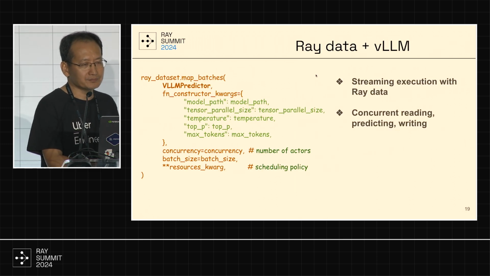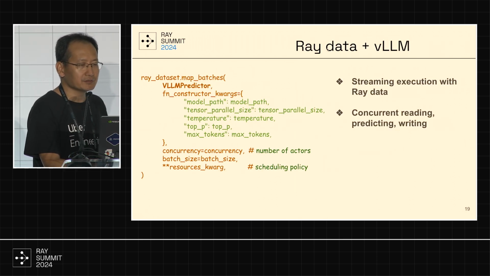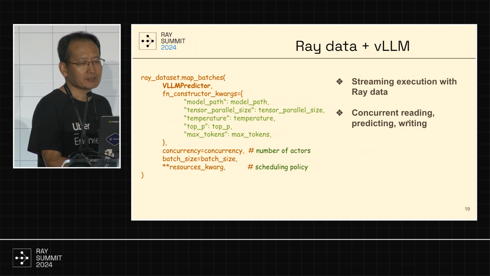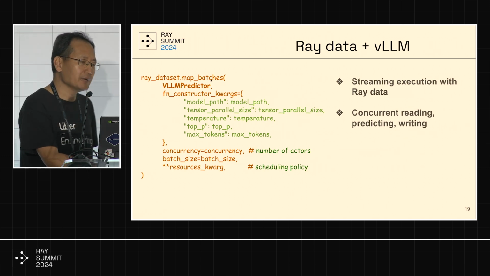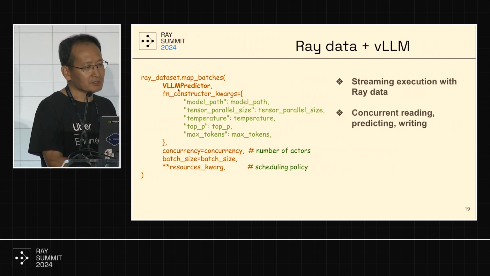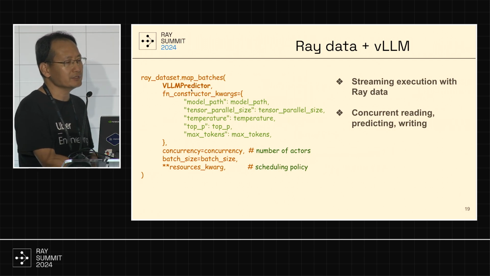For batch prediction, Ray Data is pretty convenient to use. It has streaming execution with concurrent reading, prediction, and writing. So you can use the map_batches API. Basically, you can pass vLLM as the predictor running on each Ray actor.